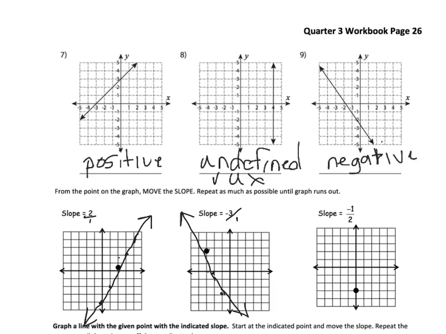In example number 3, you have another negative slope, but this is -1 over 2. So you're going to go down 1, right 2. And then you just continue the pattern.